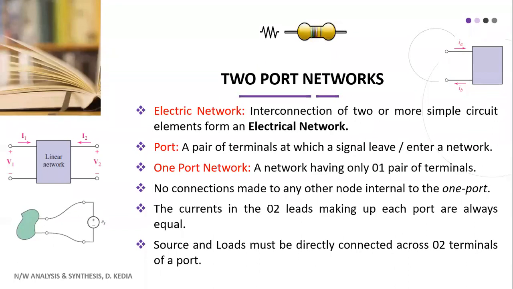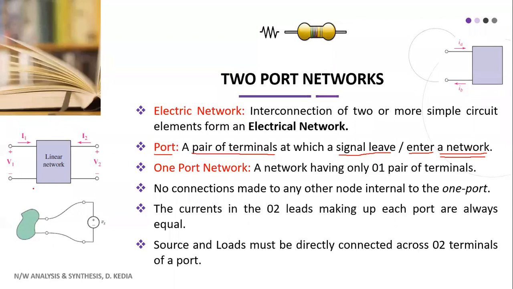So with this background, we will now proceed with two-port network. Students, first we need to understand what is the meaning of port. Port means a pair of terminals at which a signal either leaves or enters a network. Wherever I talk about network, it means electric network.